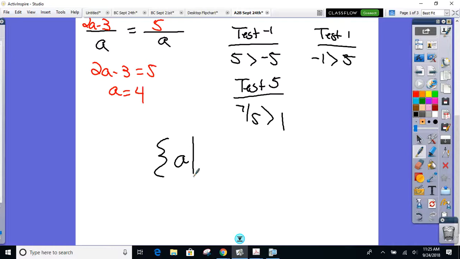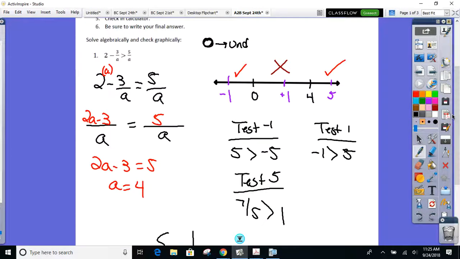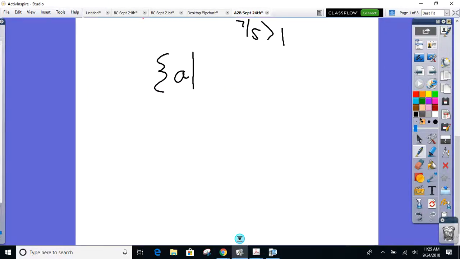We're okay now? I'm not doing anything brand new here. Describe to me this solution here. A is any answer less than 0. So going back here, A such that A is less than 0.